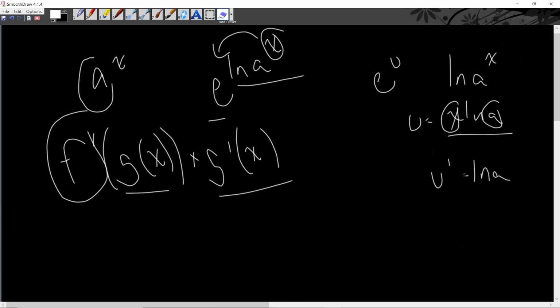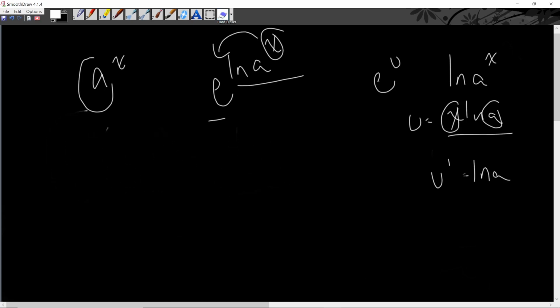So from there, we just plug in what we have. We have e to the power of u, which is e to the ln a to the power of x. And from here, we have u prime, which we said was ln a.